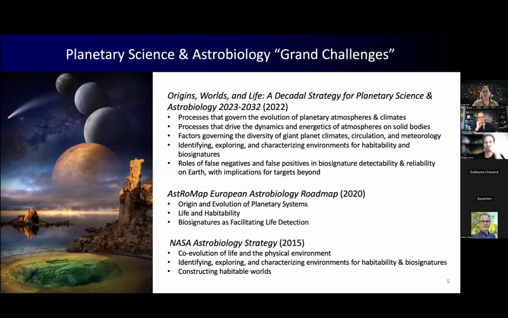And the emphasis there is on processes that are potentially detectable, which is, of course, of interest to our observation comrades. On the European side, we have the AstroMap. And then dating back to 2015, of course, we have the NASA astrobiology strategy.